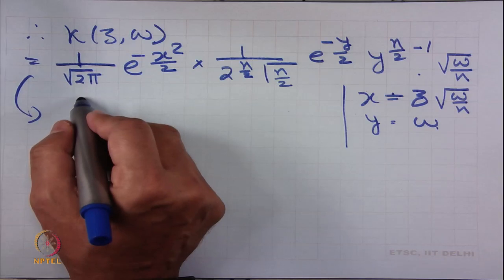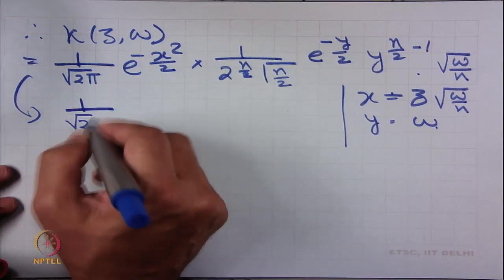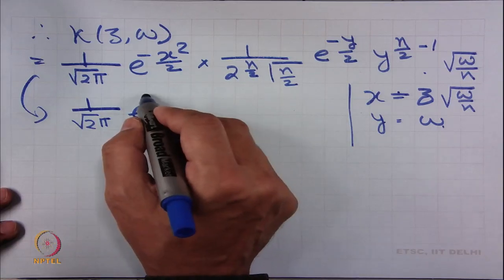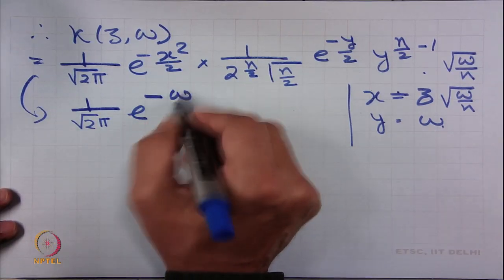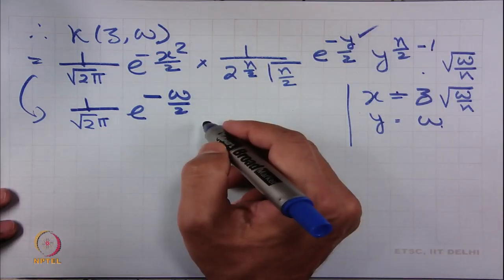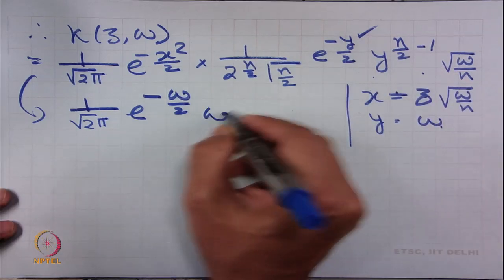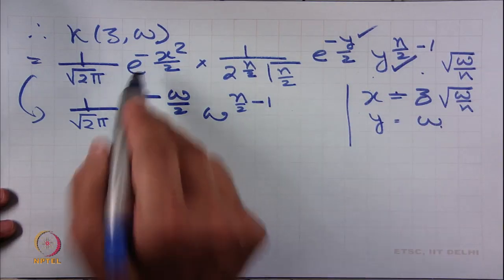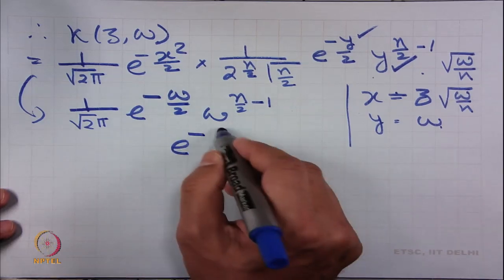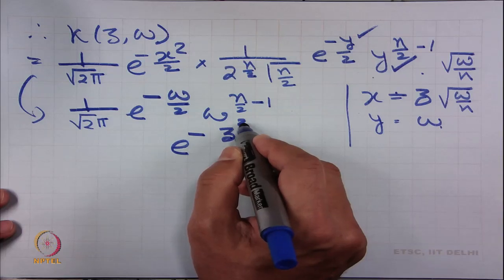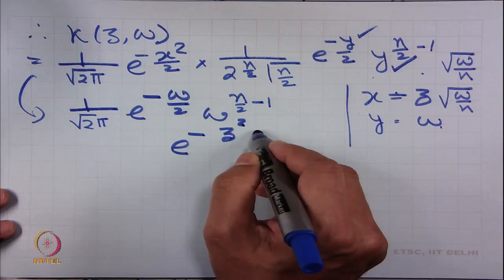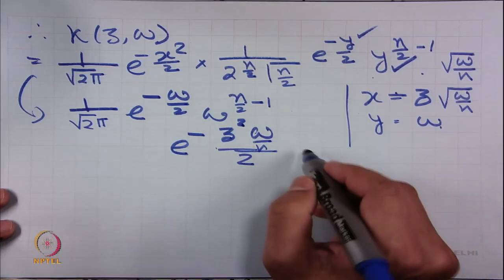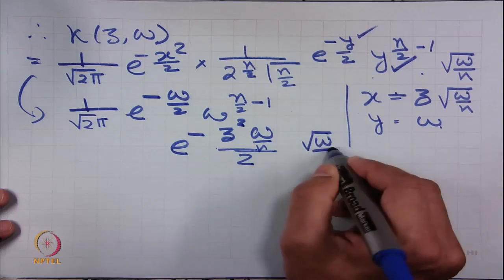Therefore, this becomes 1 over root 2 pi, e to the power minus w by 2, w to the power n by 2 minus 1, and from here we get e to the power minus z square into w by n by 2, into root over w by n.